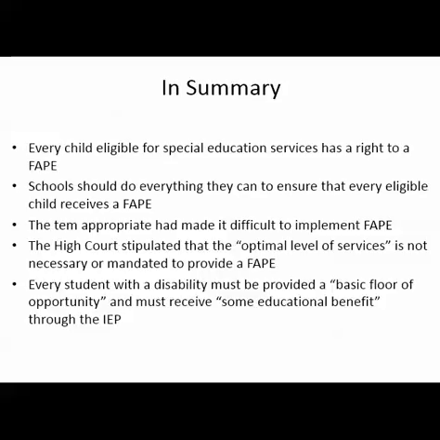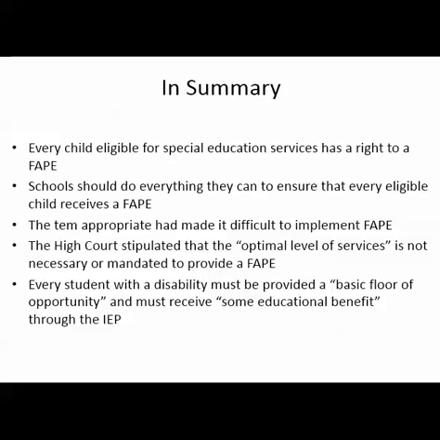So in summary, every child eligible for special education services has a right to a free, appropriate public education. Schools should do everything they can to ensure that every eligible child receives a free, appropriate public education. The term appropriate has made it difficult to implement FAPE. The High Court stipulated that the optimal level of services is not necessary or mandated to provide a FAPE.